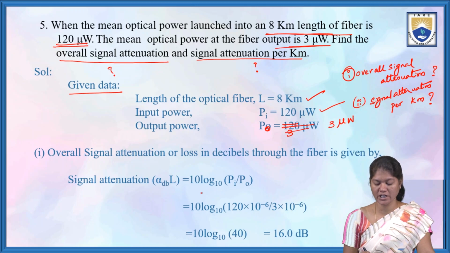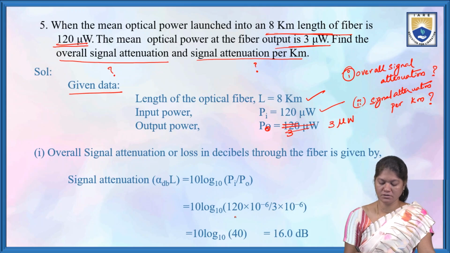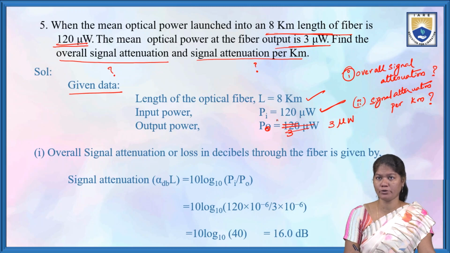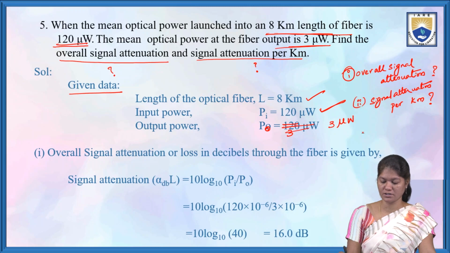Input power Pi is equal to 120 microwatts and output power P out is equal to 3 microwatts.